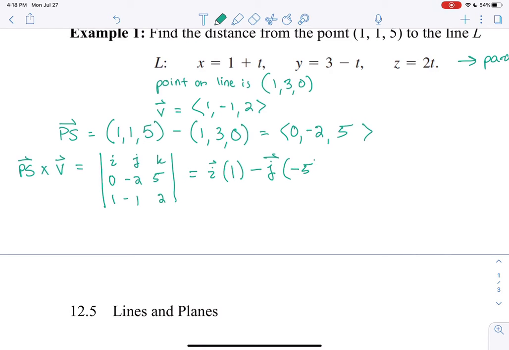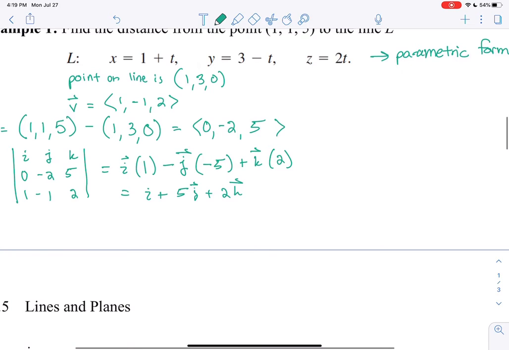And then we get plus k times 0 times negative 1 is 0, minus negative 2 times 1, so that's plus 2. So for that we get i plus 5j plus 2k.